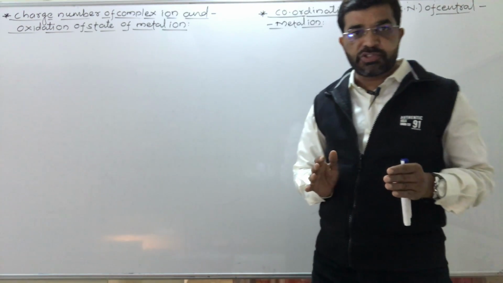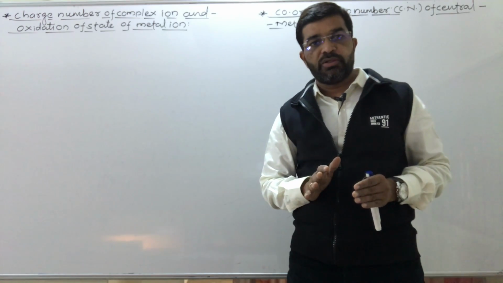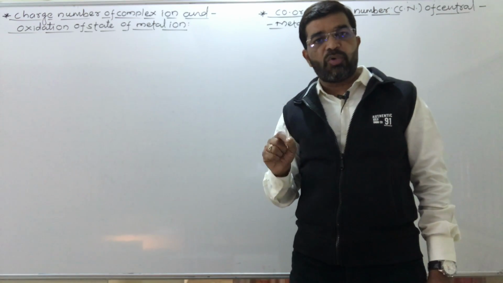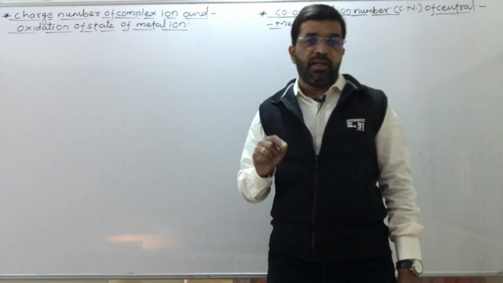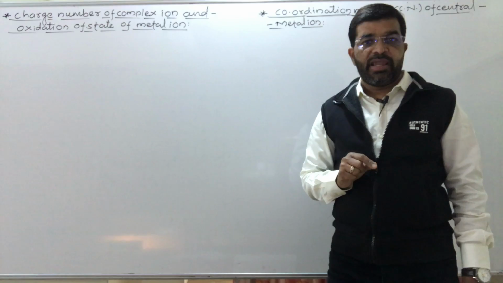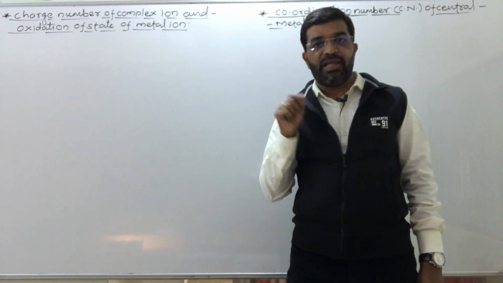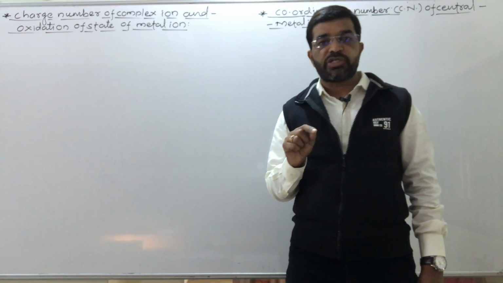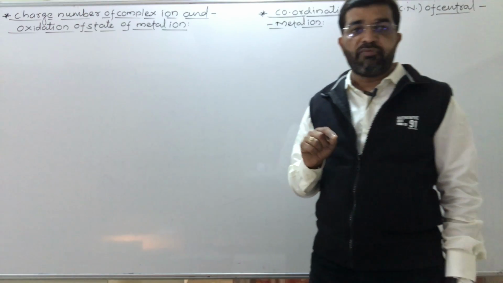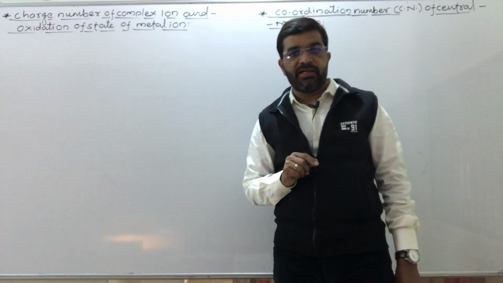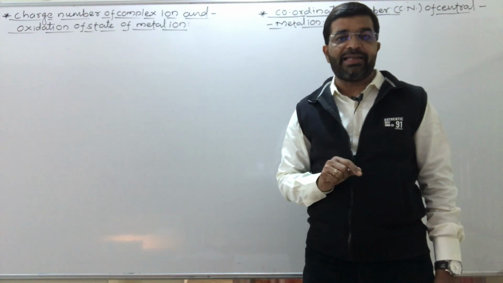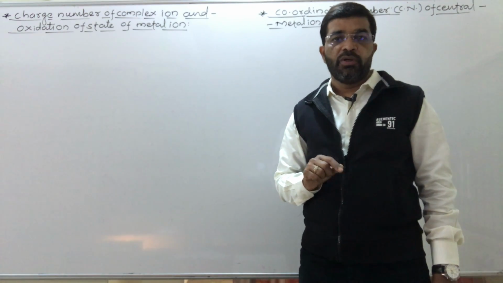A coordination complex is a compound in which a central metal atom or ion is surrounded by a number of ligands. We studied what is meant by a ligand and the various types of ligands, like monodentate ligands and polydentate ligands.